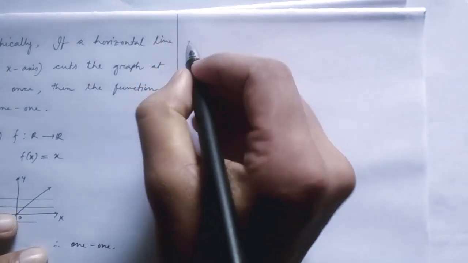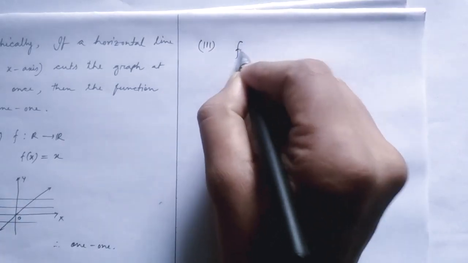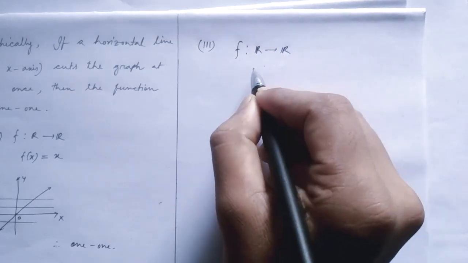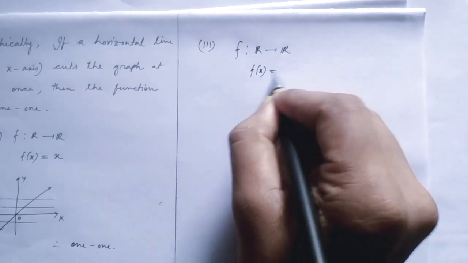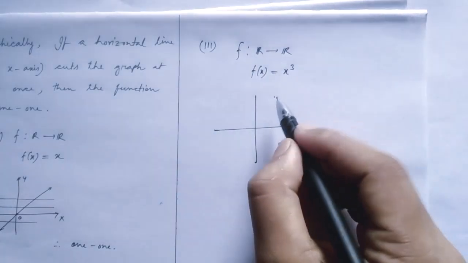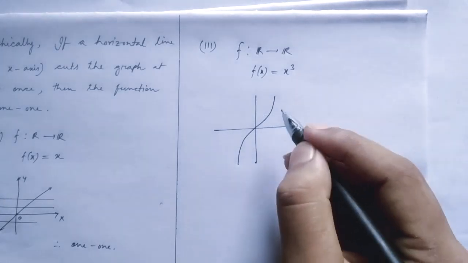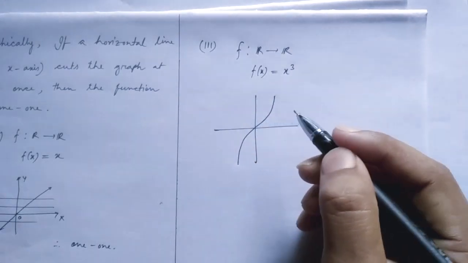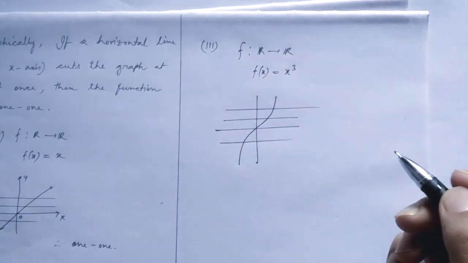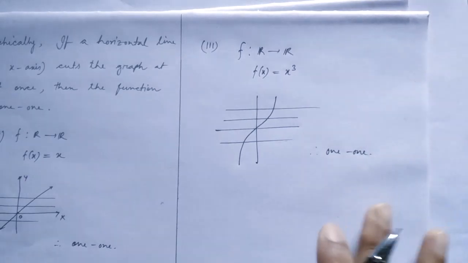Again I give you another example. f from R to R, f of x equals x cube. So the graph of this function is like this. So here all the lines parallel to the x-axis cut the graph exactly at one point. So therefore one-one.